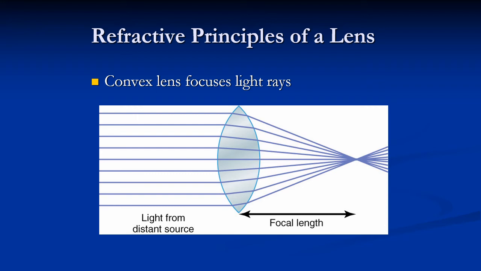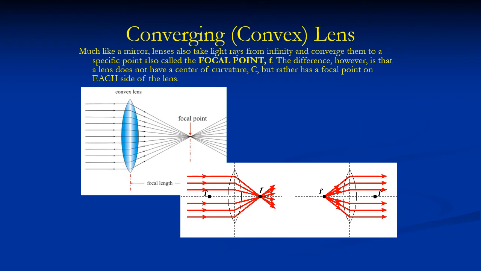If you divide 100 centimeters by the focal length, you get the dioptric value. So lenses are converging and diverging. Convex lenses, like mirrors, also take light rays from infinity and converge them to a specific point called the focal point. The difference is that a lens does not have a center of curvature, but rather has a focal point on each side of the lens. That is called the principal focus.